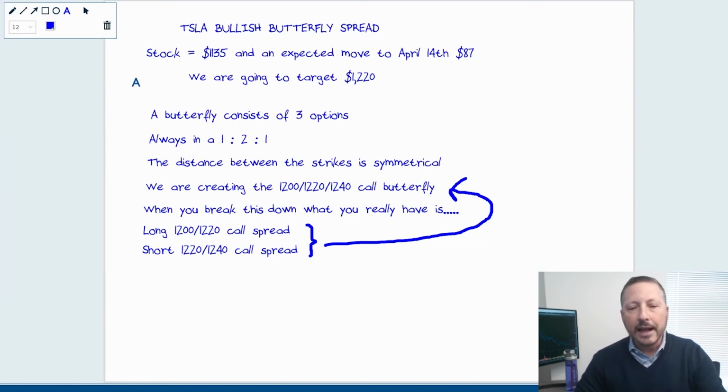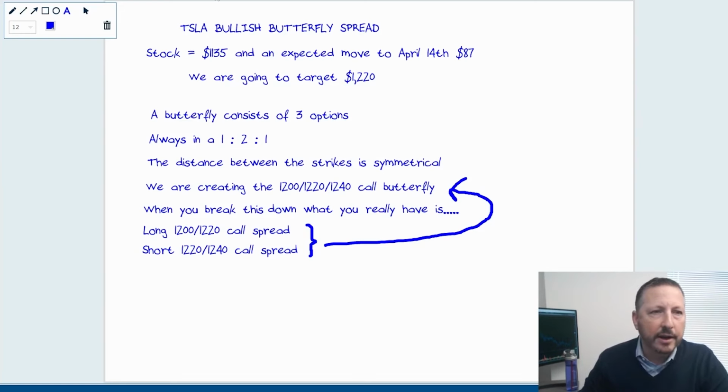We are selling the 1220, 1240 to help finance the purchase of the 1200, 1220, with the goal being that the stock moves to that middle strike, which is the strike we identified as where that expected move is.